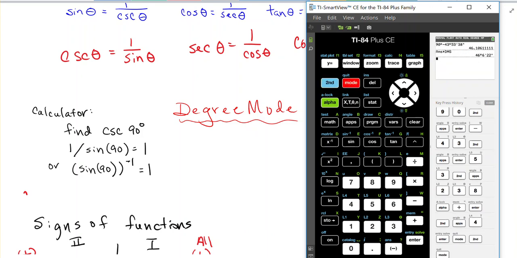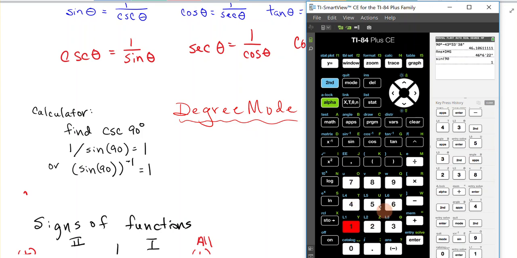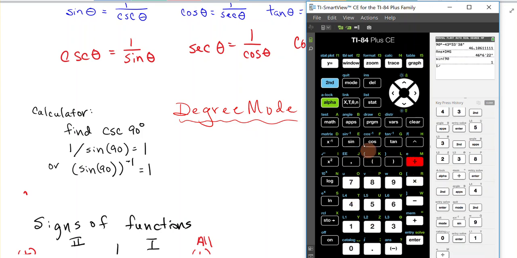If I wanted the sine of 90, I could just hit my sine key and hit 90 and enter, and I get a 1. But if I want cosecant, I need to do 1 divided by sine 90 and enter. And in our case, we still get 1. But that's how you could do those reciprocal relationships.